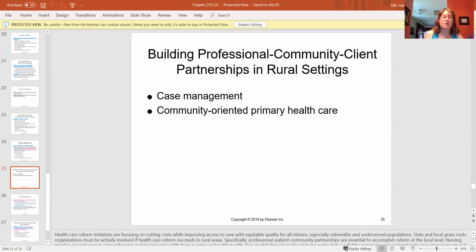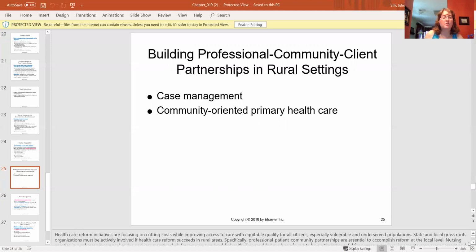All right, and then this talks about building professional community client partnerships in rural settings, as far as case management and community-oriented primary health care. Healthcare reform initiatives are focusing on cutting costs while improving access to care with equitable quality for all citizens, especially vulnerable and underserved populations.